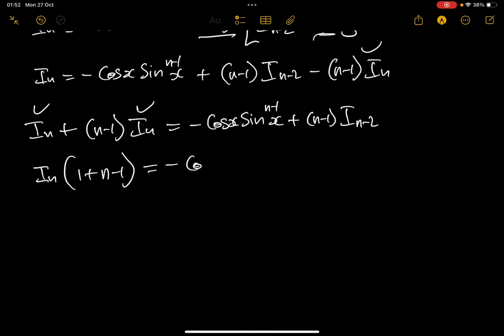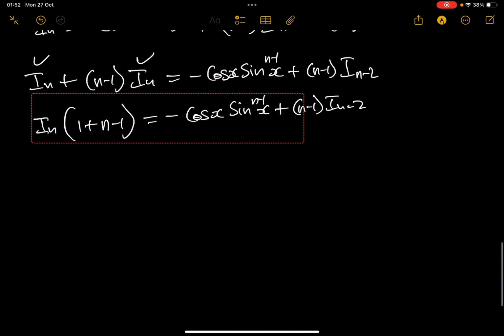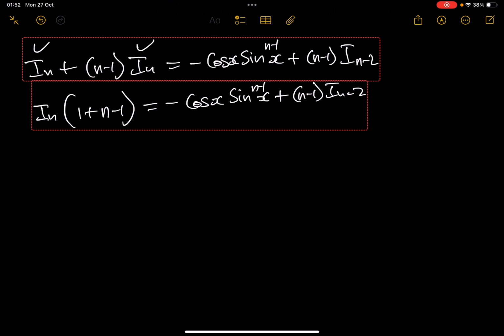It's minus cos x sin^(n-1) x plus (n-1) I_(n-2). And then here we can see that 1 plus (n-1) is n, so we have n I_n is equal to minus cos x sin^(n-1) x plus (n-1) I_(n-2).